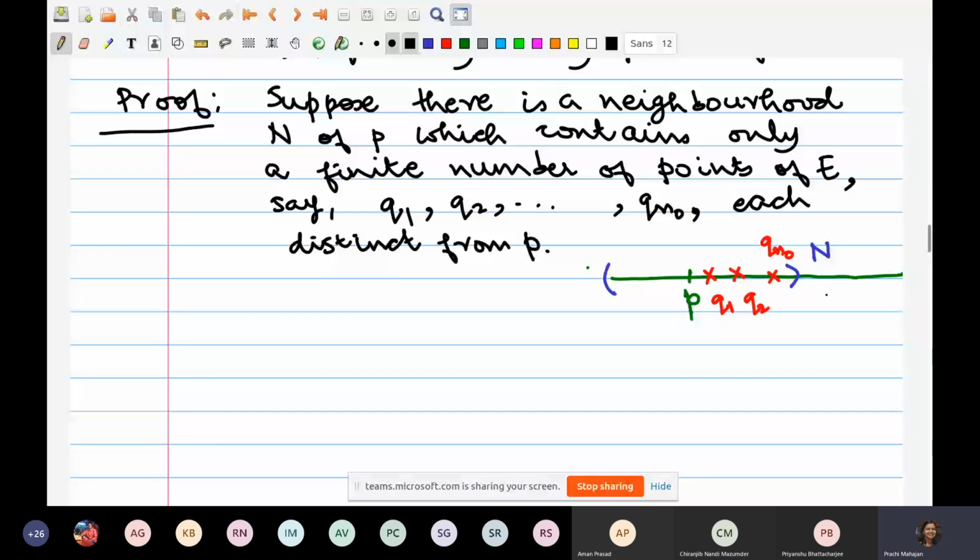I am given a neighborhood N of P which contains finitely many points of E. So in the picture that I have drawn here, if Q1, Q2, Qn0, the points of E, are like this, then one particular candidate is a smaller interval around the point P, and that will do the job. This will be a neighborhood of P which will not contain any point of E besides the point P itself. Is this okay?